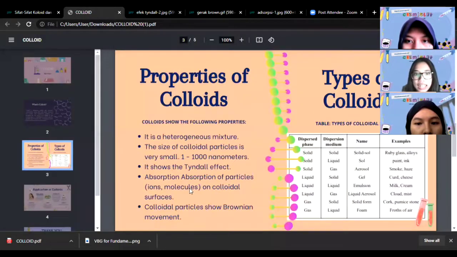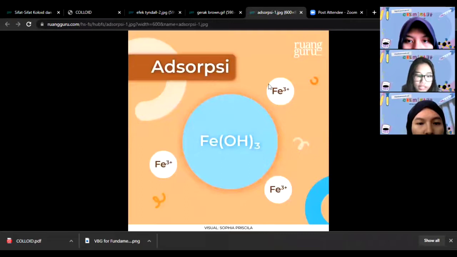Next is absorption. Absorption of particles, ions, on the colloidal surface. Absorption is the attachment of charged particles, ions, to the colloidal surface. Absorption occurs because of the ability of colloidal particles to attract or adhere to small particles. The ability to attract is due to the high surface tension of the colloid.